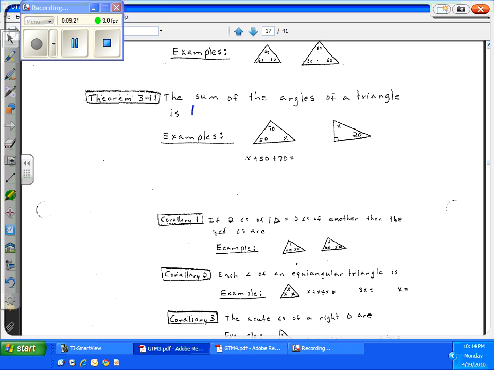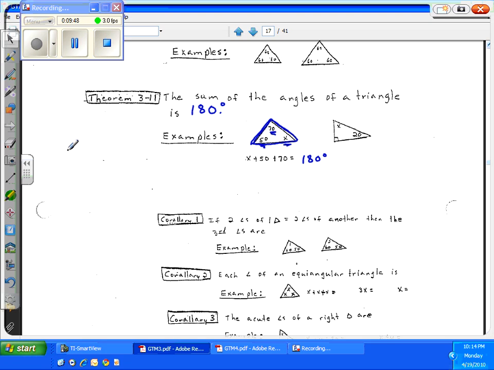We learned in our discovery, and we already knew it from junior high in Algebra 1, that the sum of the angles of a triangle is 180 degrees. In this particular triangle, we could find the missing angle because we know that the sum of all 3 is 180. So we could say x plus 50 plus 70 is equal to 180 degrees. And then we could solve for x.